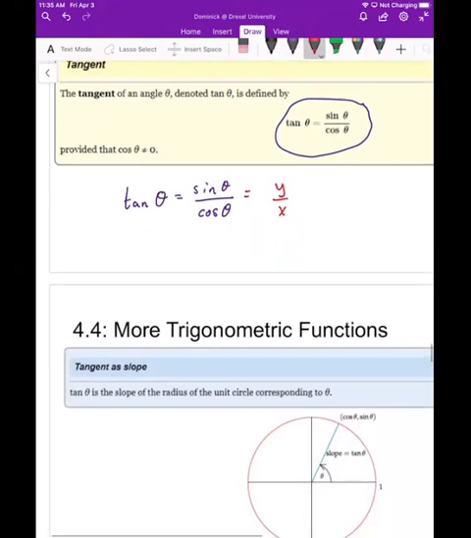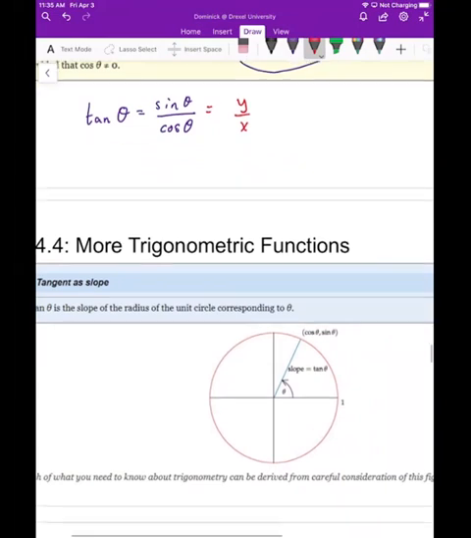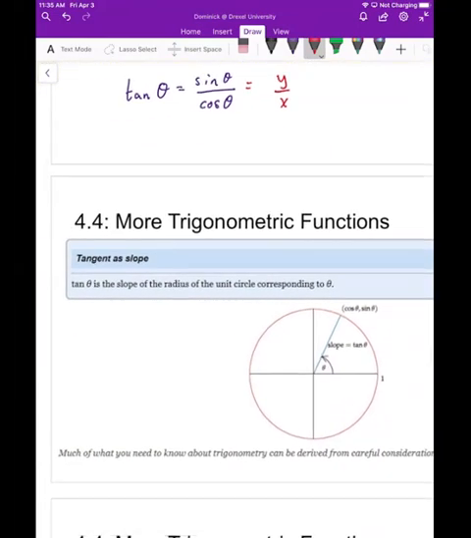Okay, so another thing that's interesting is that if you think of your tangent as being y over x, since your origin is one endpoint of your radius, then you can think of y minus 0 over x minus 0 as being the slope of a particular angle, right?